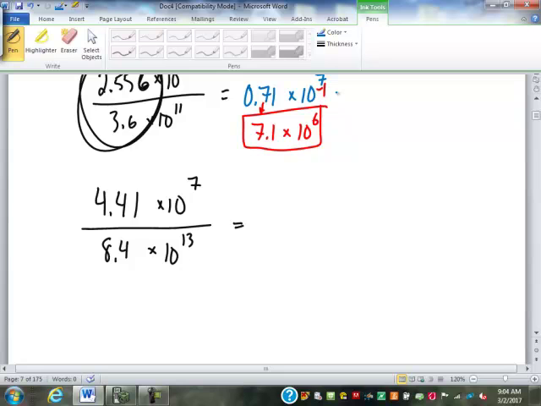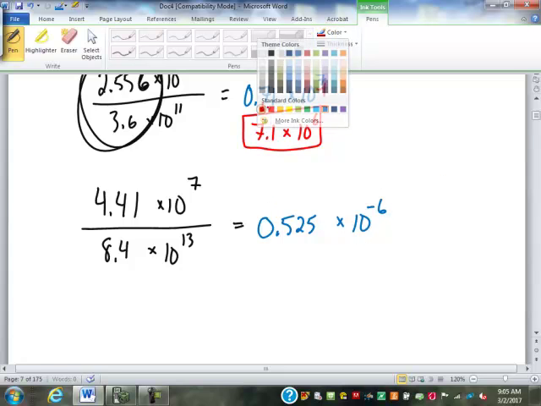Tell me what's the first step. 4.41 divided by 8.4, which is 0.525, times 10 to the -6. Very good. When we do 10 to the 7th divided by 10 to the 13th, we subtract 7 minus 13.